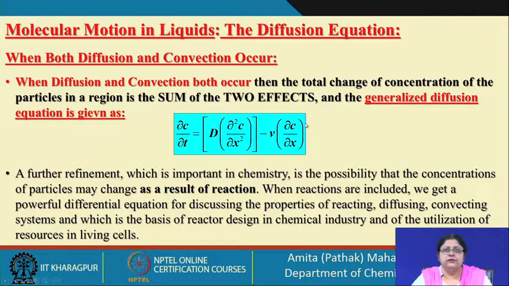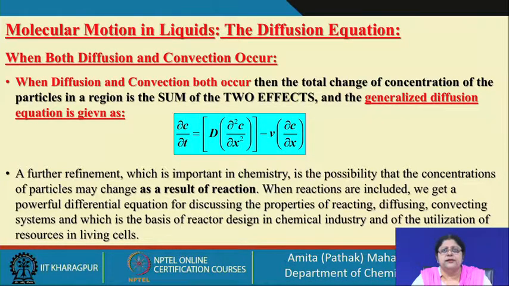So, this concludes our discussion on the diffusion equation and motion of molecules in liquid. We have talked about the kinetic theory of gases. From that, we simplified and generalized and found the various phenomenological equations. We have not derived the expressions for the diffusion coefficient and thermal coefficients.